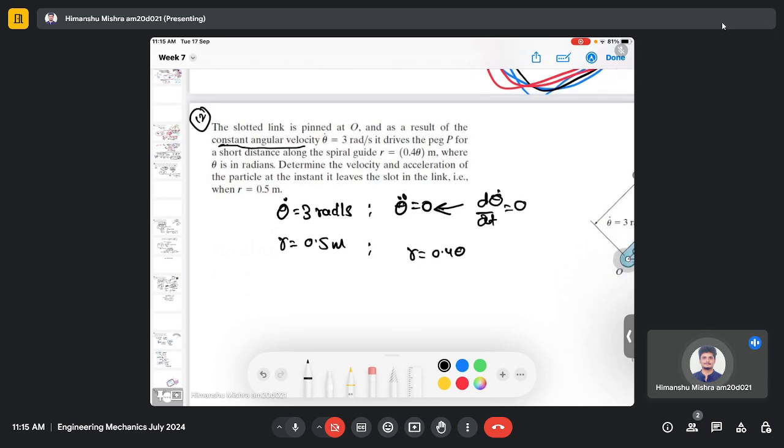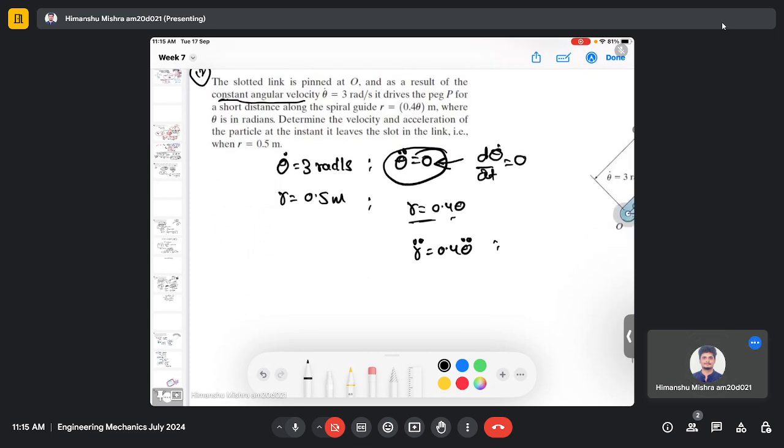Now when we differentiate this twice, we get r double dot equals 0.4 theta double dot, and we know that theta double dot is 0, which means r double dot equals 0 as well.